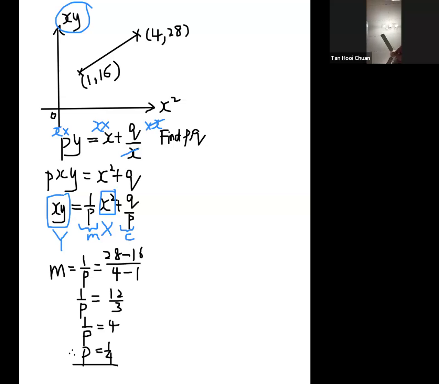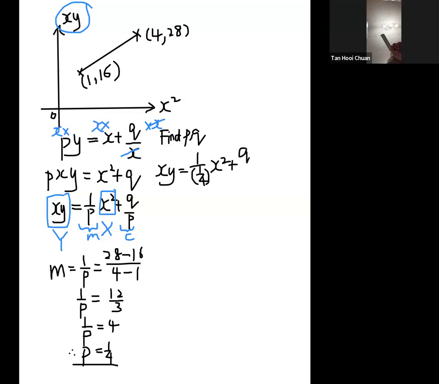Any questions? How if I want to find q? Oh, no problem. You got xy, p is 1/4. Am I correct? So 1 divided by 1/4 x squared plus q.